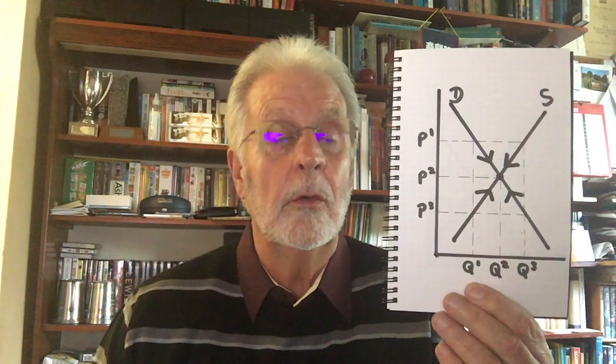And where it crosses is what's called the equilibrium, or the position of balance. So in this case here, price 2, quantity 2 is what's demanded by consumers, and it is also what's supplied by producers. So it is the equilibrium position. Now I'll say a little bit more about equilibriums in a minute.